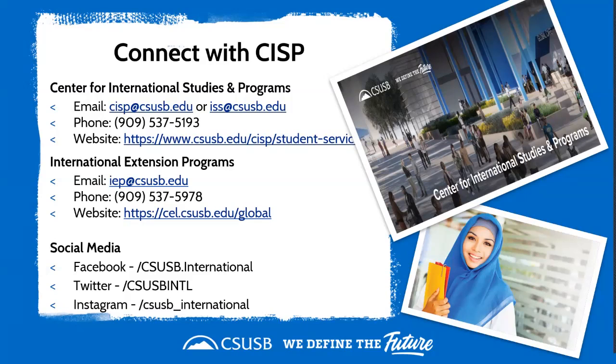We have lots of events for students, and we frequently post these on our Facebook, our Twitter, and our Instagram account. If all else fails, send us an email, call us, and we'll try to get your questions answered.